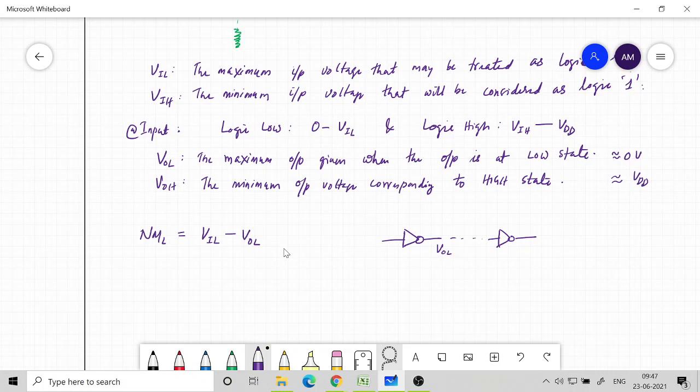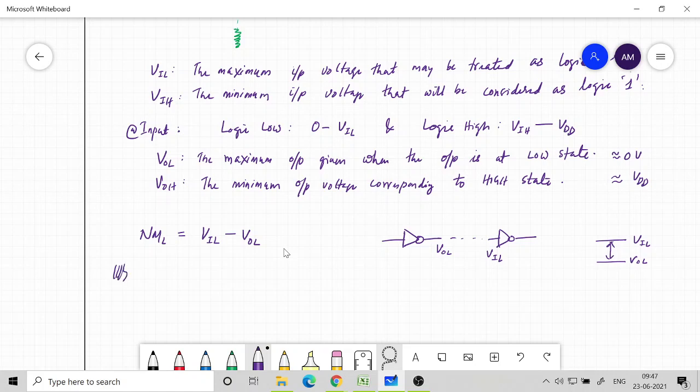Now this inverter can take voltages up to VIL. So VIL is somewhere here and VOL is here, so this much noise I can tolerate. This much space I can provide for the noise. So noise tolerance is there. That is what I call the noise margin for low level.